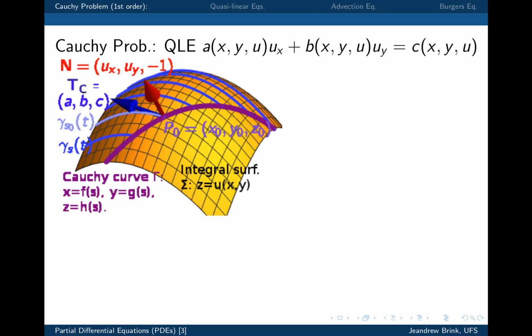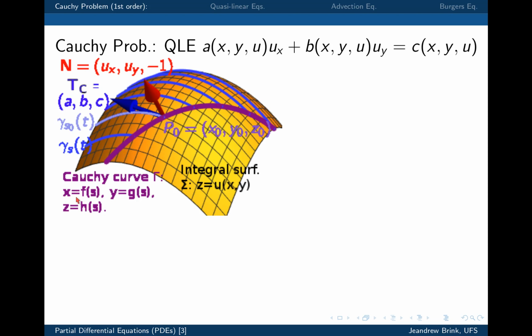Okay, typically this data is specified as the initial condition. For the Cauchy theory, however, it's completely general. You basically specify any curve, which we call the Cauchy curve gamma, and you specify it as a parametric curve, so you are specifying its coordinates as functions of a parameter.